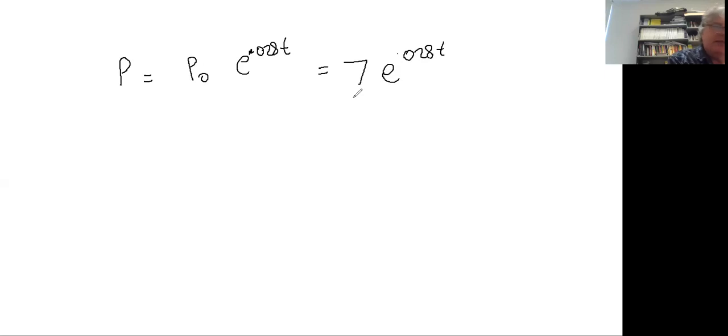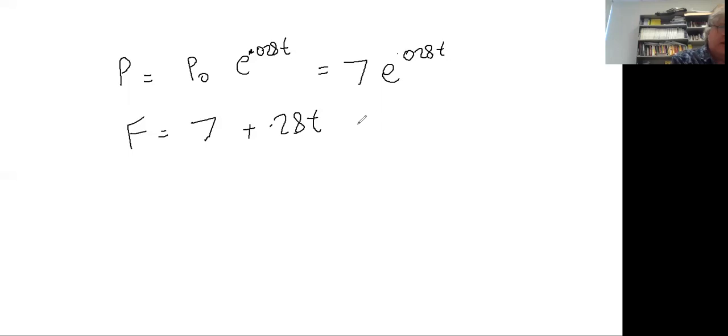So that's in millions. And for the food, we start off with 7 million units, and it increases at 0.28. So we get a linear function like that. So this is, again, in millions.